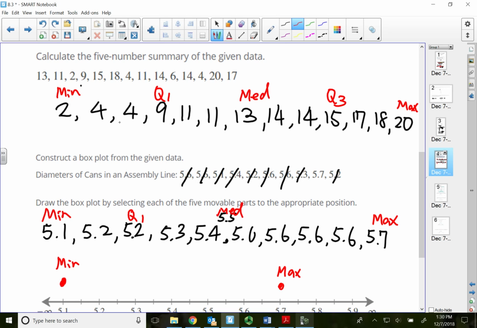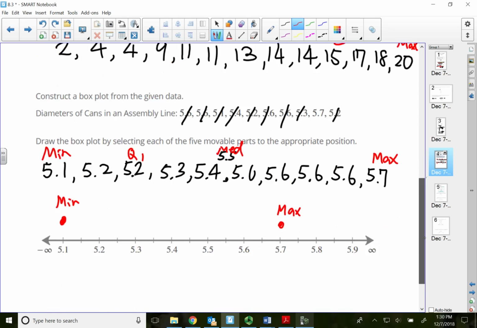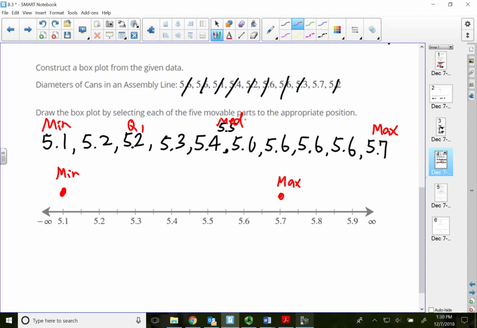So there's 1, 2, 3, 4, 5, 6, 7 numbers in the bottom half and 7 numbers on the top half. Okay, so I scratch them off slightly different when I have an even number. All right, so let's do this side right here. 5.6. So 5.6 is going to be my Q3.